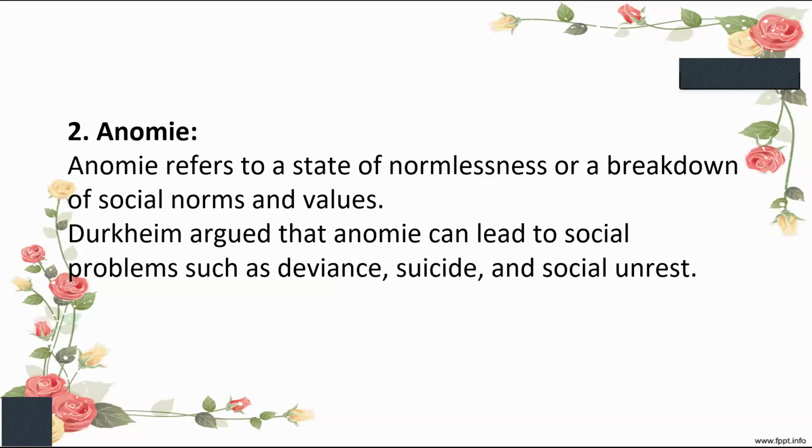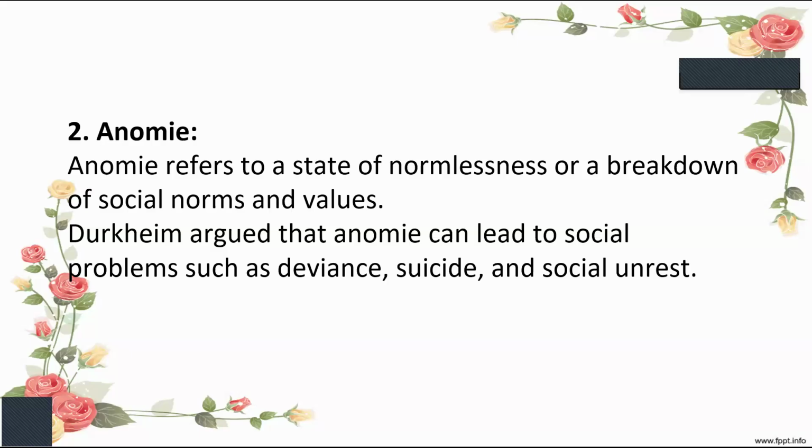Okay, so he was talking. Remember, we are not going to talk about Durkheim's theory in depth. We are simply touching on him. So when there is anomie in society, that can lead to social issues. Okay, what is anomie? Anomie is a situation where norms and social values break down. So that society will be a very confused society.